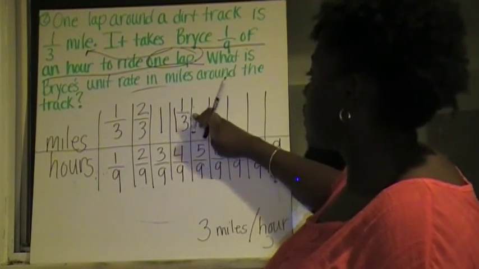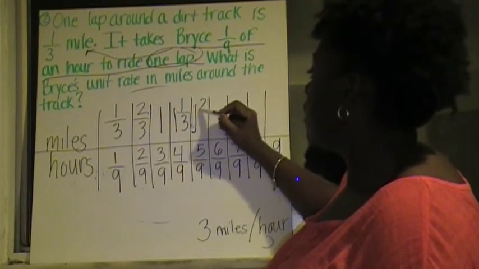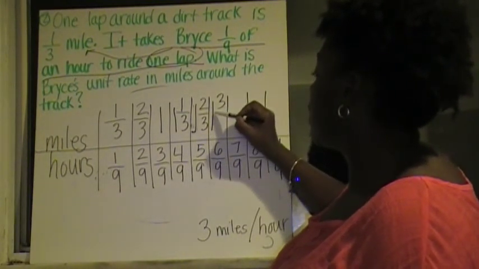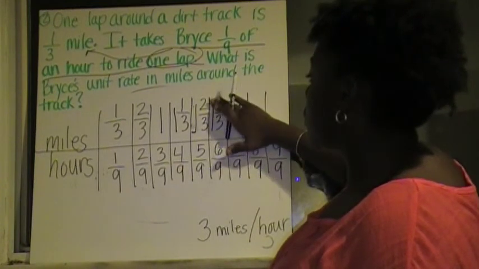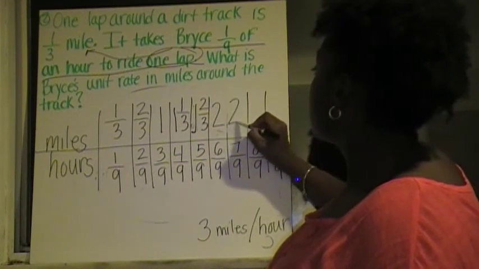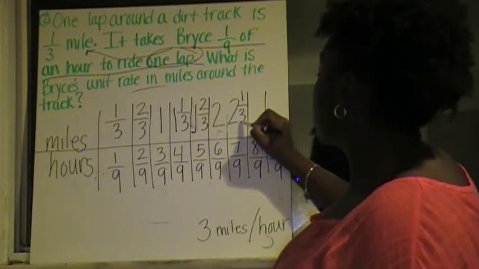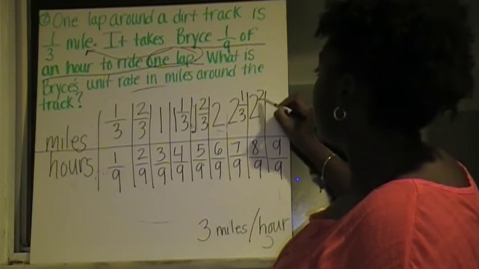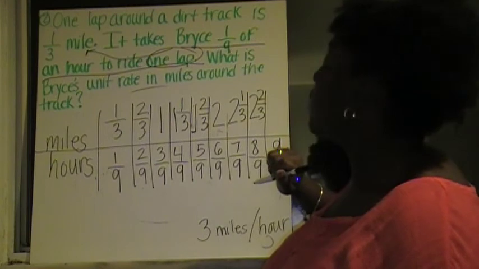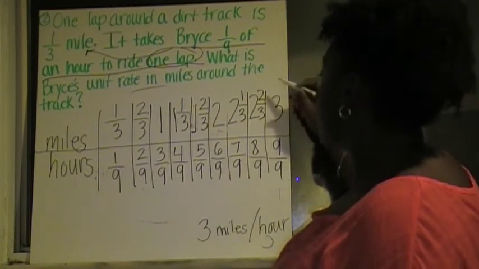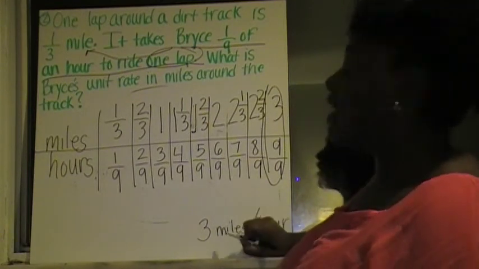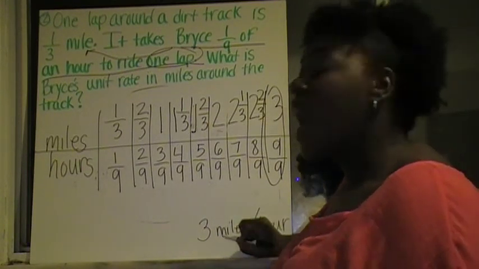Ooh, Miss Golson messing up there. 1 and 2/3, 1 and 3/3, which is really 2, and 1/3, 2 and 2/3, 2 and 3/3, which is really 3. So 3 miles per hour. Got the same answer as before.